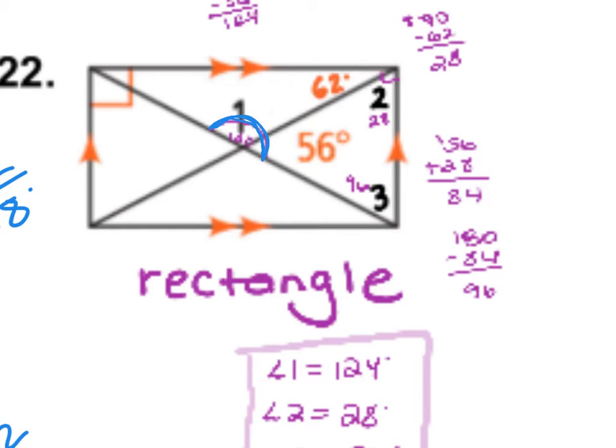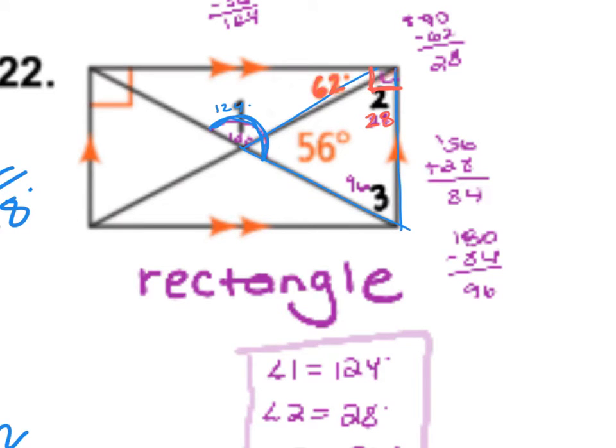So I would do 180 minus 56, and I get 124, so that's here. Then in the top here or the side here, doesn't matter which one, I know that this has to be 90 degrees and 62 was given to you. So if I do 90 minus 62, I get 28, which is what angle 2 is.